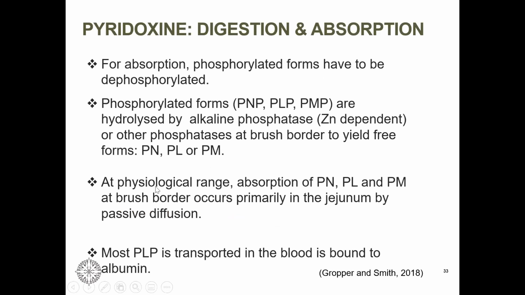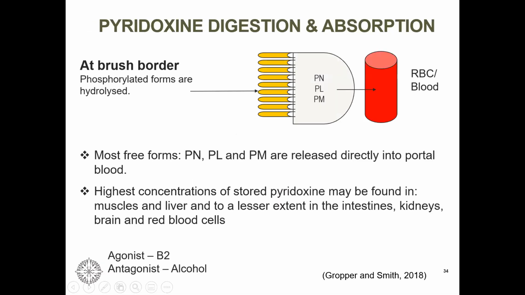At normal healthy ranges, these free forms are absorbed simply by passive diffusion. When they have to go in the blood, they move around with albumin.